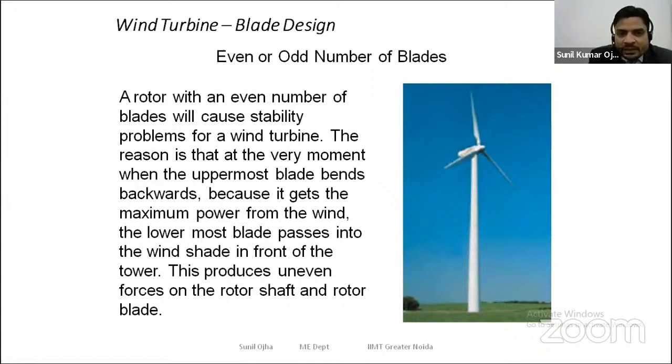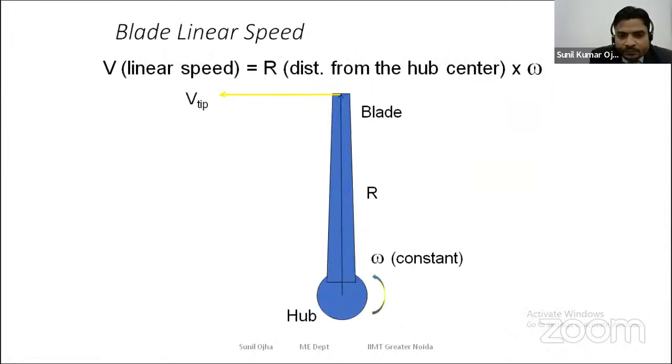The reason is that the very moment the upstream blade bends backwards causes the maximum power from the wind. So we have to use an uneven number of blades. Mostly 3 blades is more suitable for stability.